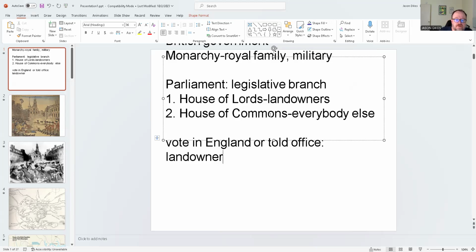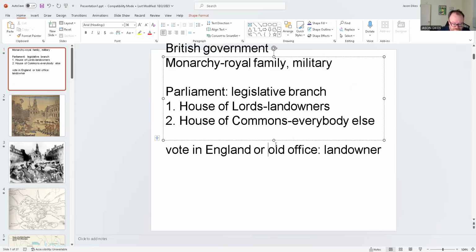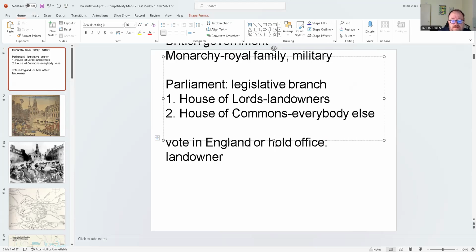So again, I, as a landowner, would be able to vote in England, and if I wanted to, I could run for office in England, in the House of Commons. If you didn't own land, then you could neither vote in parliamentary elections, nor could you run for office in a parliamentary election.